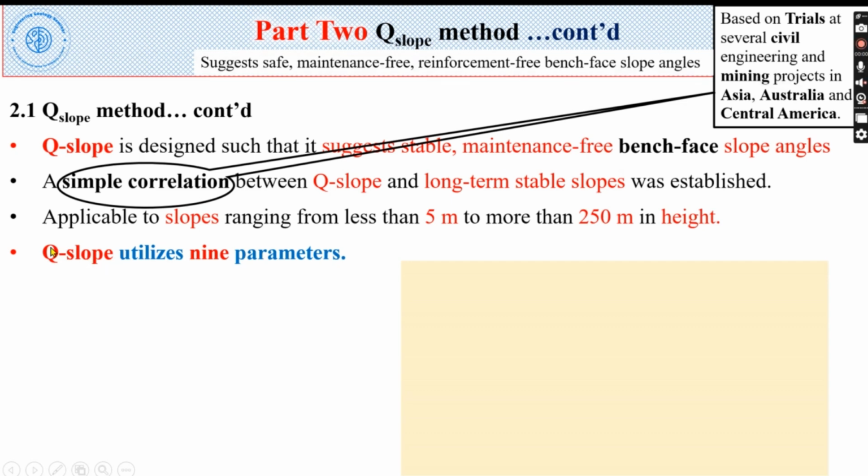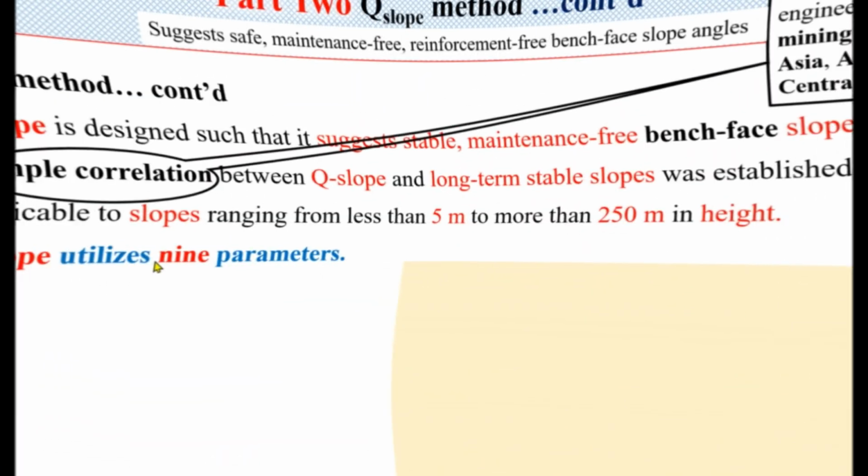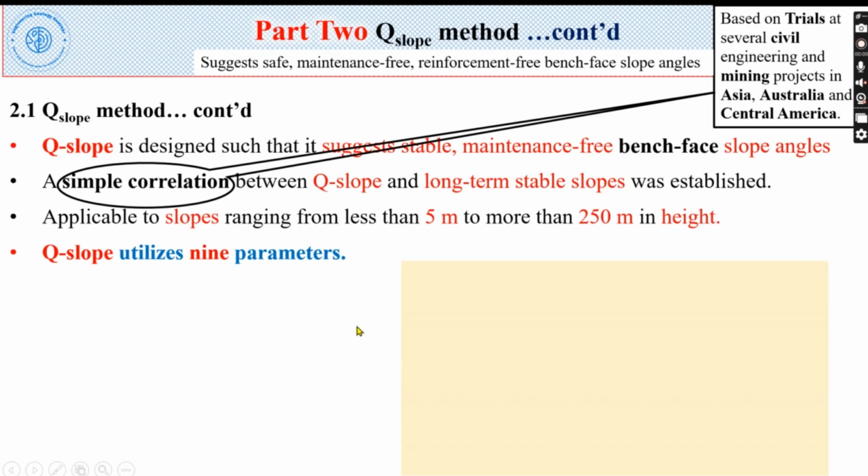So in order to understand the Q-slope method very well, since Q-slope value is a value that can be calculated using parameters, you need to understand the parameters that are used to determine it. Q-slope is designed such that it gives stable maintenance-free bench face slope angles.